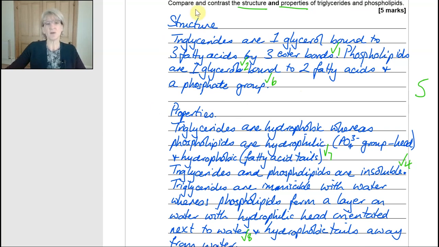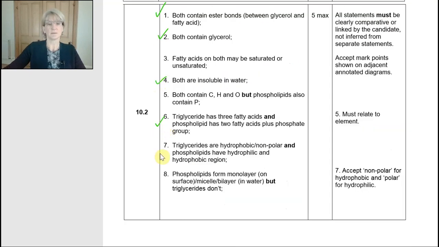And here, if you're comparing and contrasting, I would always talk about one thing is like this and the other thing is like that, to make sure that you are making that clear contrast. And again, I have put in where I think I have got the individual marks. Slightly frustrated that I missed out this mark. That was an obvious one that I should have got.